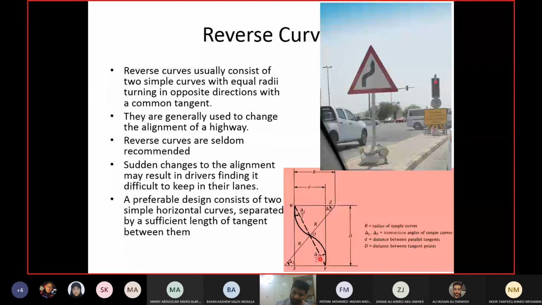So this will always be half of the deflection angle, delta by 2. Now what are these distances, small d and capital D? Small d is the shift in the alignment you want to achieve. You want to go from this line, which is WX, to this line, which is YZ. How much distance you are shifting? Small d.